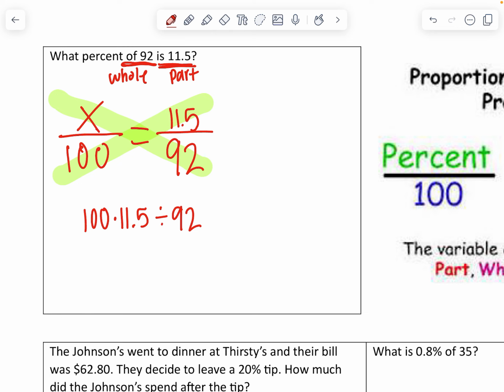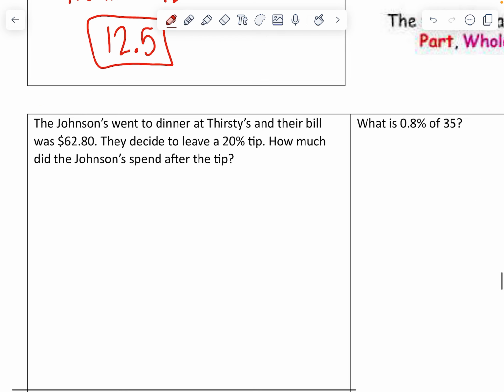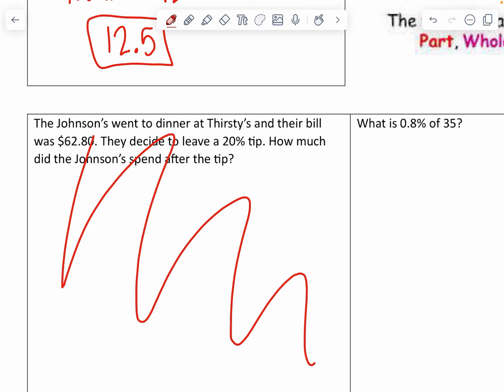So I put that in my calculator. So you do 100 times 11.5 and then divide it by 92, and you should get 12.5 as your answer. Okay. So same thing, except our variable's in a different place on that one. We're going to skip that one.